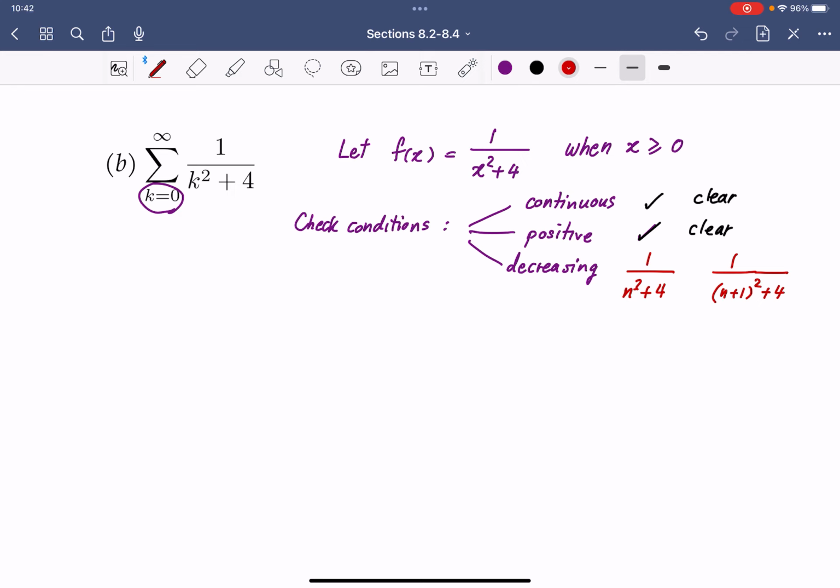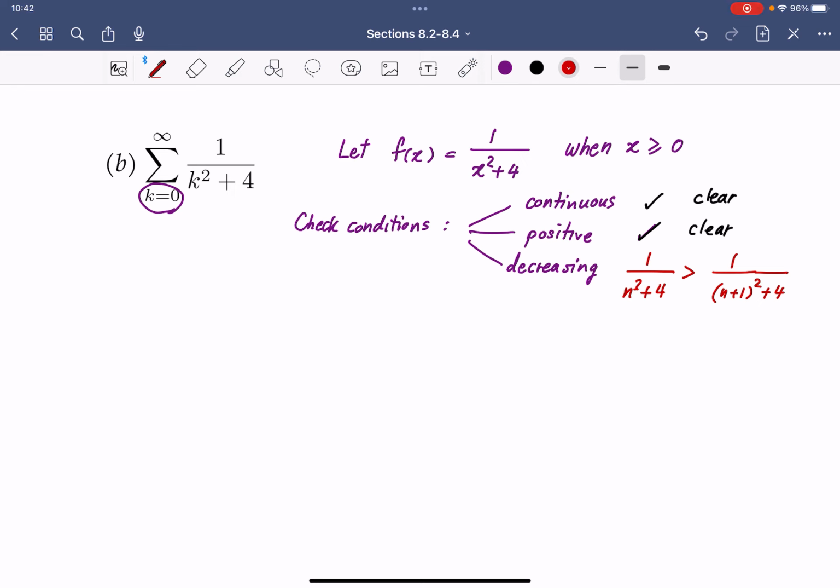You can see that the left hand side is bigger, because the denominator is not as heavy compared to the right hand side. Like 1 over 2 is always bigger than 1 over 3. Because n squared plus 4 is always less than (n plus 1) squared plus 4, it is okay to say that the function is decreasing.